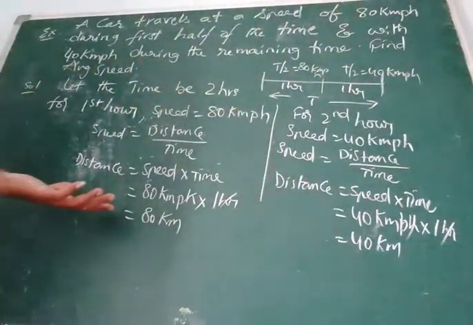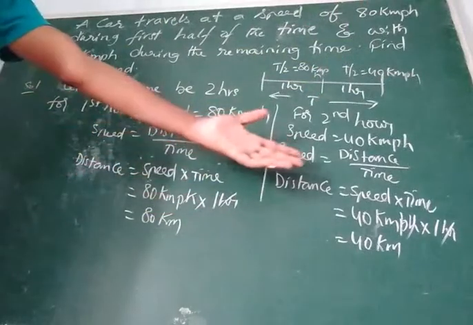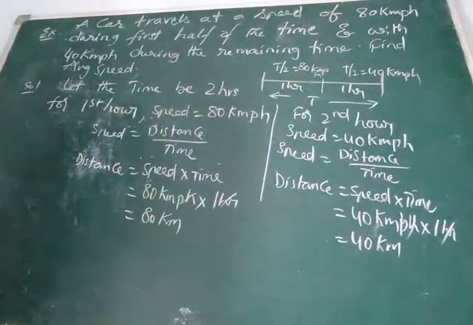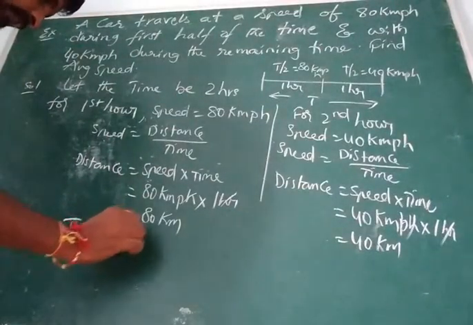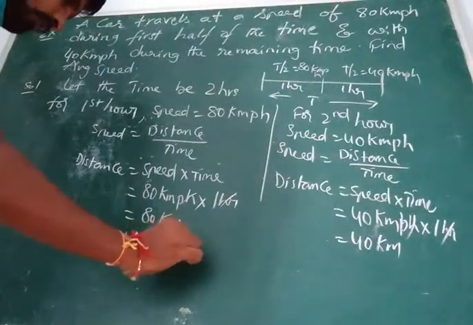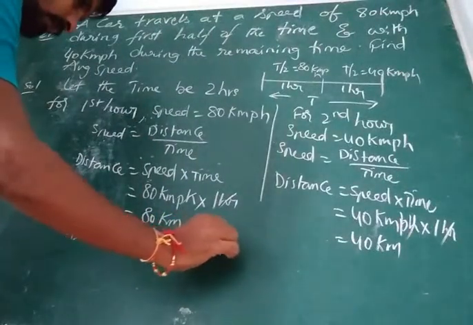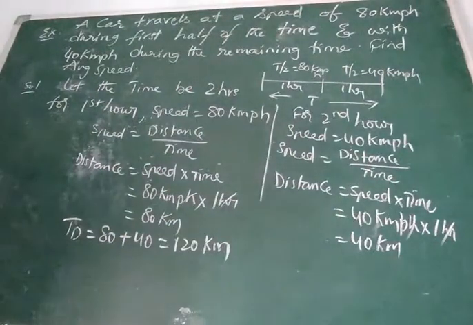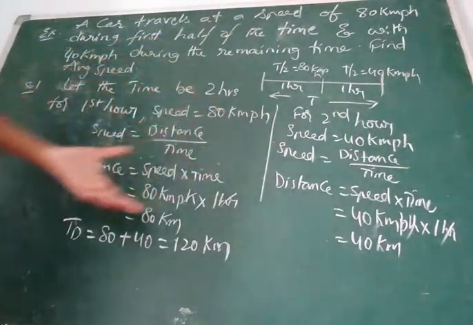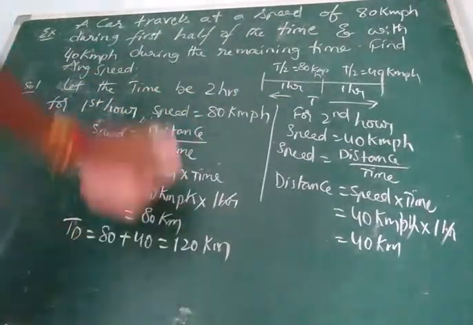In the first case it is 80 kilometers, in the second case 40 kilometers. So total distance is 80 plus 40, that is 120 kilometers. Here we got the total distance.